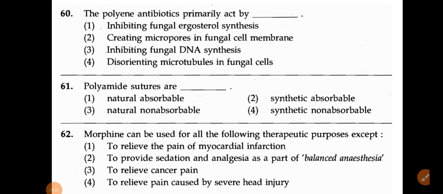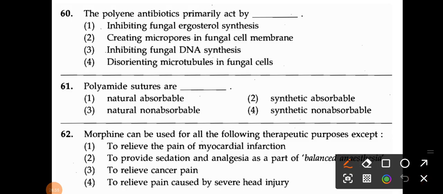What is the main contraindication of morphine? It is not given in a patient with a severe head injury. That point is totally contraindicated regarding morphine. So your correct answer is to relieve the pain caused by severe head injury, because here they are asking the except, right? It means the above 3 are the uses of morphine, but the last one is totally contraindicated. So these points are very important.